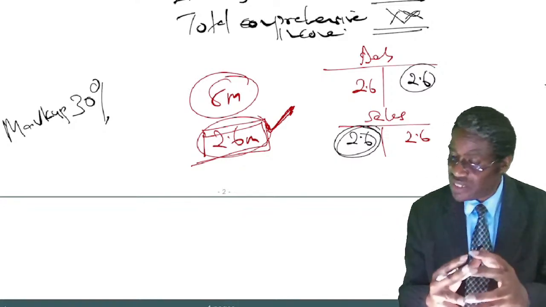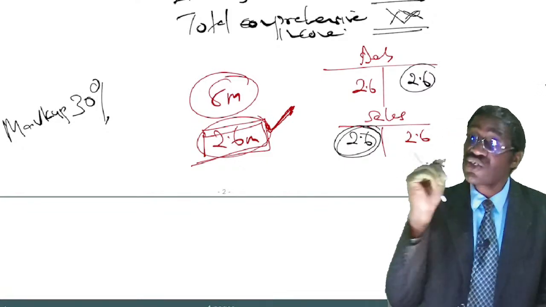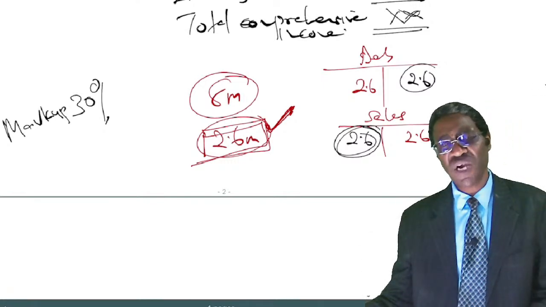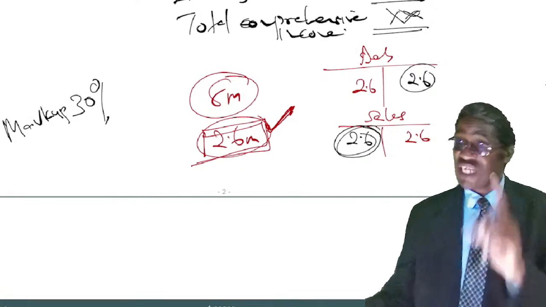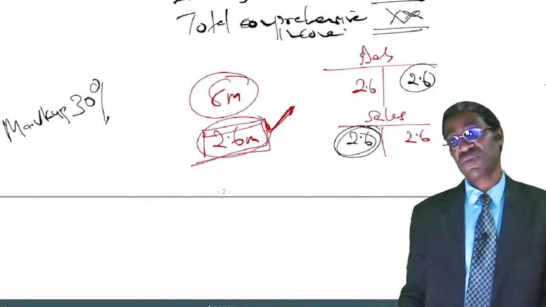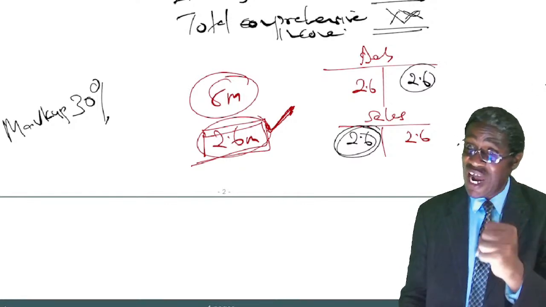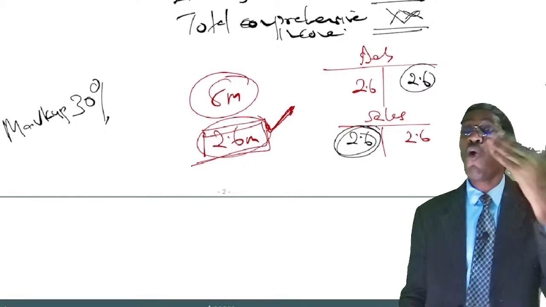Is the cost of sales overcasted or undercasted? That's the issue we want to find out. It is obvious. When closing stock is undercasted, cost of sales is overcasted.